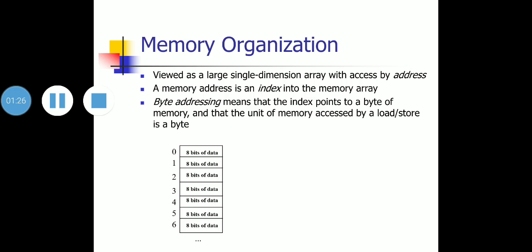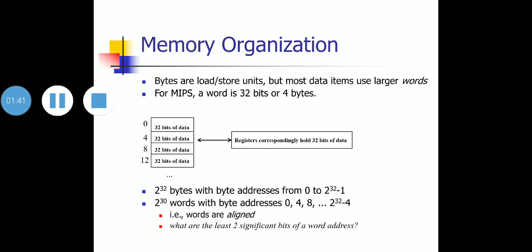So 8 bits of data we are accessing. If we access 8 bits of data, then it is called byte addressing. And if we access all the 32 bits of data in a register, then it is called word addressing. Normally we are using byte addressing inside our course. So these bytes are nothing but the load or store units.